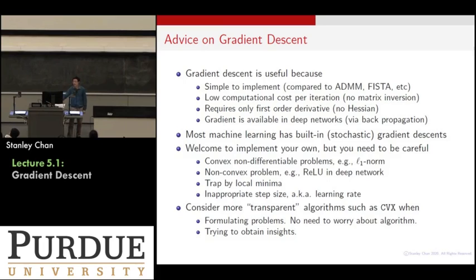Okay. Now, in this course, I won't ask you to write your own gradient descent algorithm. However, whenever I ask you to solve an optimization problem, I ask you to use CVX, an optimization package, so that you can get to the solution rather than spending time debugging your optimization algorithm. Okay. When you try to implement your gradient descent by yourself, there are a lot of small, tiny bumps that you will run into.